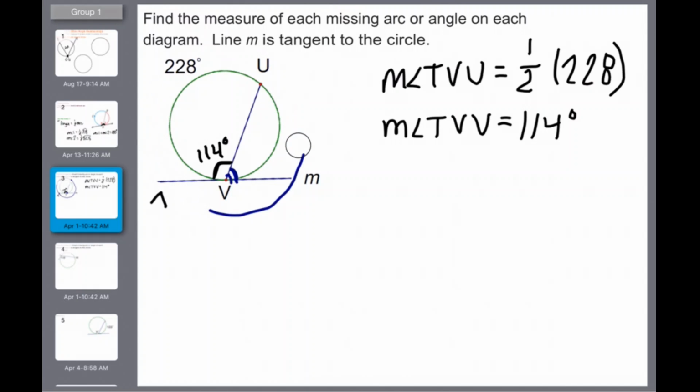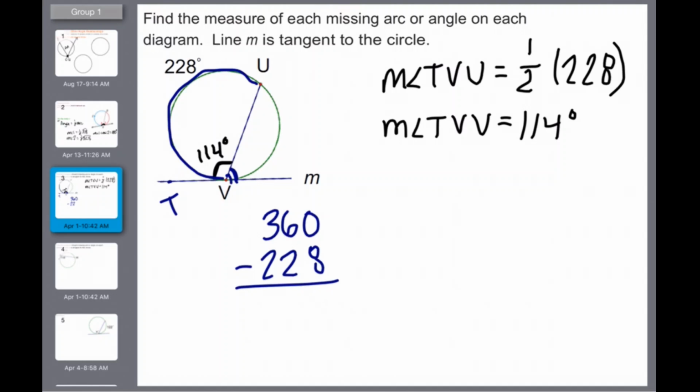So if we take that into account, the arc that we already have is 228 degrees. So again, this arc right here, 228. We can take 360 for all the way around the circle and subtract off that 228. So if we do that, we're going to get 132 degrees. So that's going to be the measure of our arc UV.